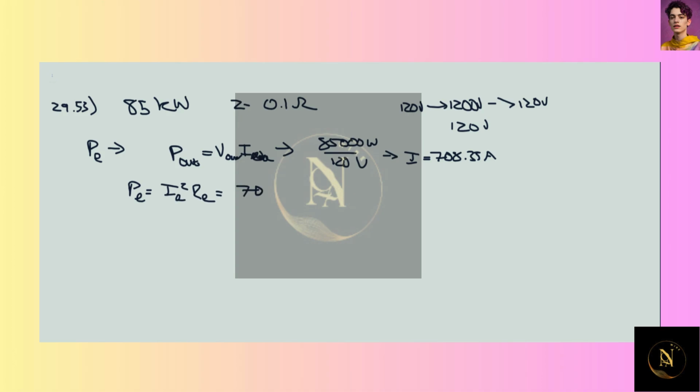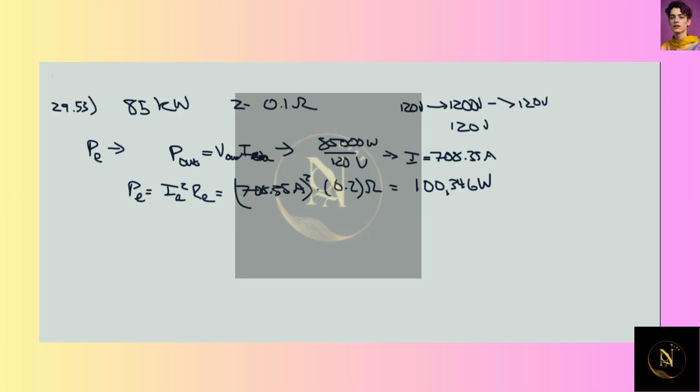So this is 708.35 amps squared times the resistance of the line, which was 0.2 ohms, one for each line. So this is 1,346 watts.